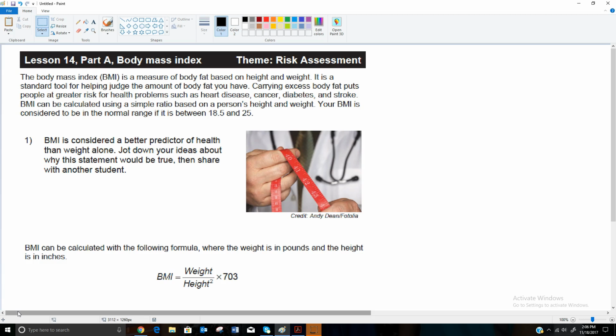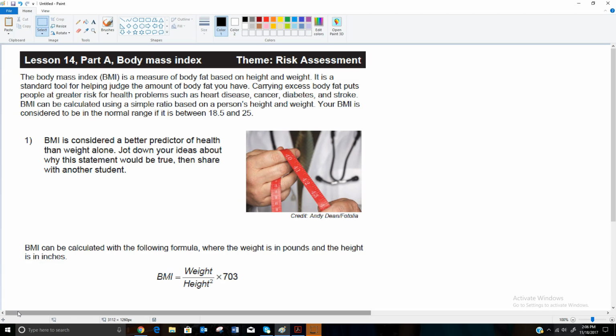So it says that BMI is considered a better predictor of your health than just your weight, and we're supposed to jot down our ideas about why this statement is true and share. Since we don't have other students to share that with, I'll just mention some of the things that are typically brought up. Your weight as the only indicator of your health isn't good because of the fact that muscle weighs more than fat. So somebody could be in really good shape and have a lot of muscle, and they could weigh more than what the charts say is typical, but still be in good health.